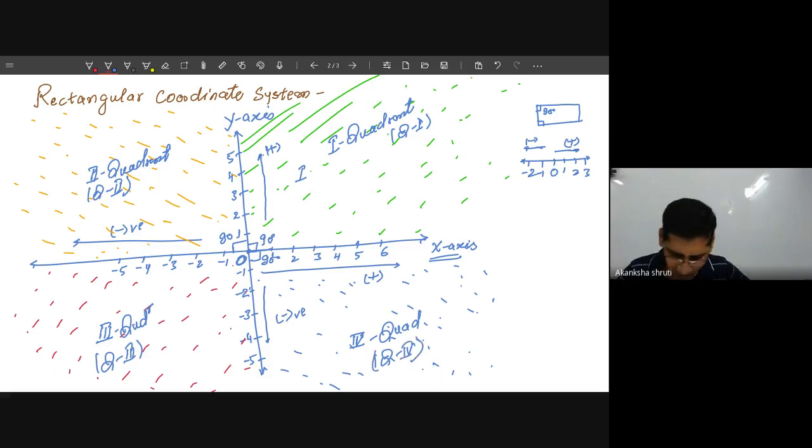Student, let us recap quickly. In class 9th, whatever we have learned, the distance measured along the x-axis is called the abscissa. All the distances along the x-axis are measured from the y-axis. Means if we are moving in this direction, then we have to consider from here itself.